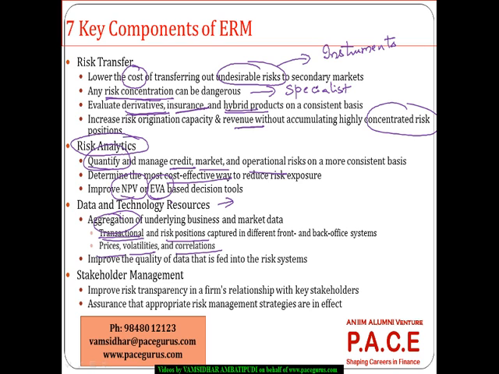That is one more major aspect of effective ERM strategy. And finally, it is the stakeholder management, where the focus needs to be on improving the transparency of the relationship with the various stakeholders. So, reporting to the stakeholders quite often, including the risk management policies as a part of the annual report.